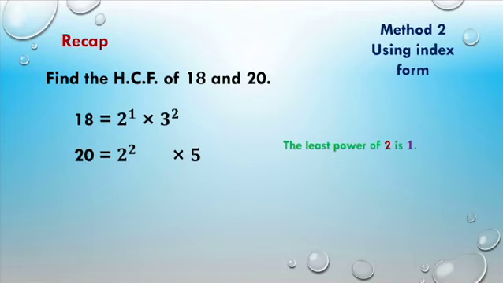You have 2 to the power of 1, 2 to the power of 2. The smaller one is 2 to the power of 1. So the HCF is going to be simply 2 to the power of 1, which is 2. Remember, for HCF, we consider only the common factors. So here, 3 is not common and 5 is not common.